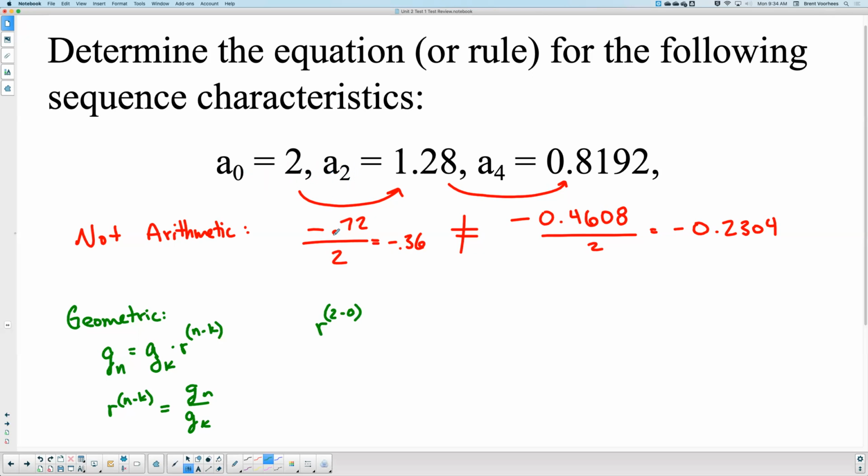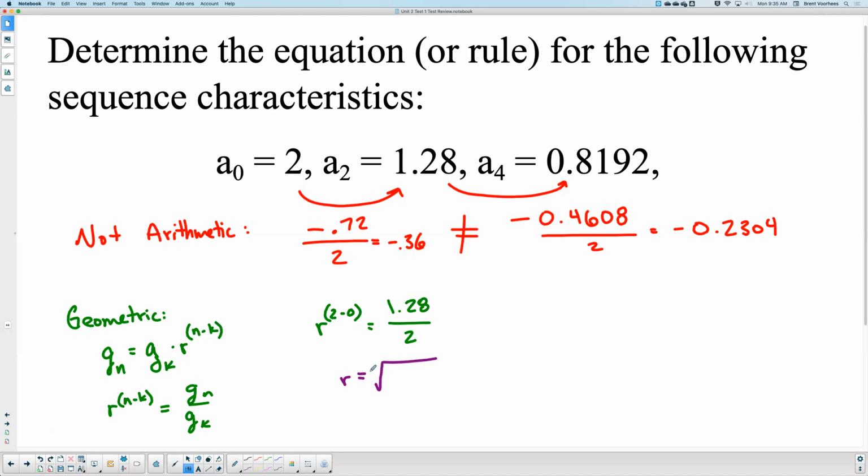Like the change of x, if you will, equals 1.28. Whoops, I did 1.8. 1.28 over 2. That would be r squared. How do you get rid of a square? Okay, so we should have a plus or minus, but because this is going to be C, I'm just going to leave it as a positive for now.